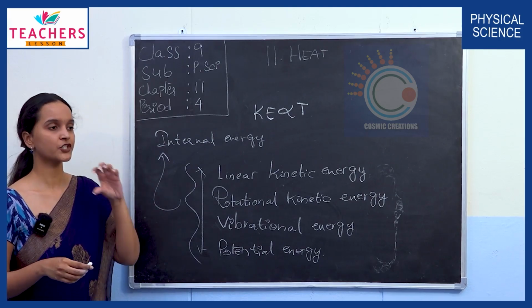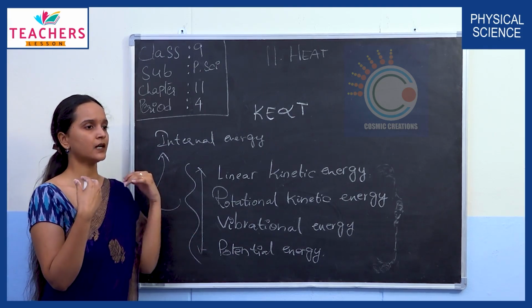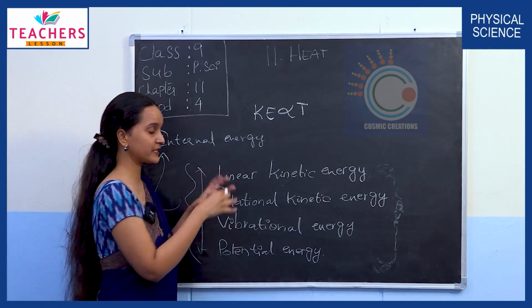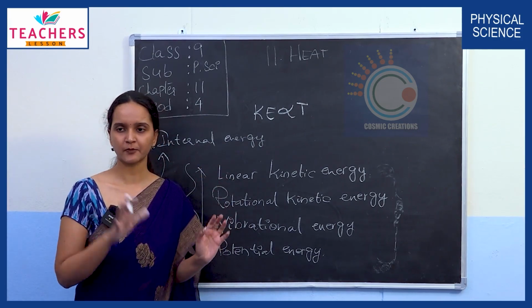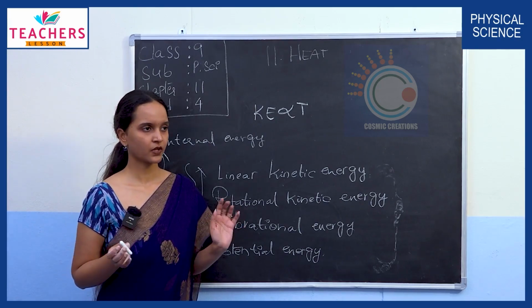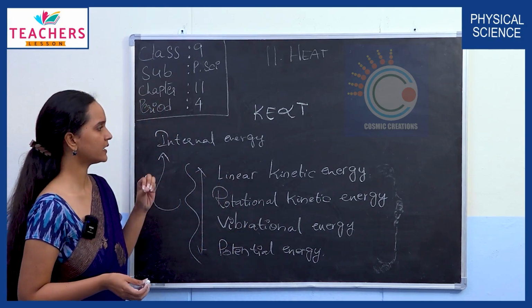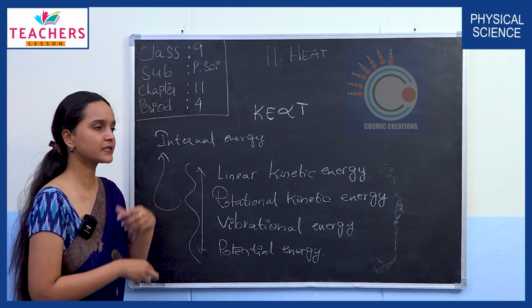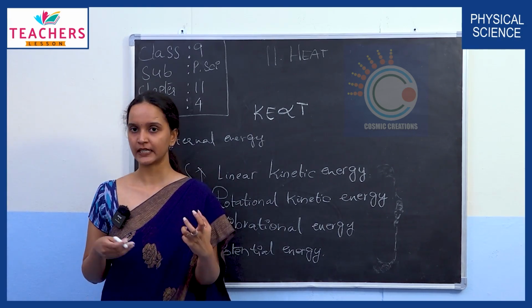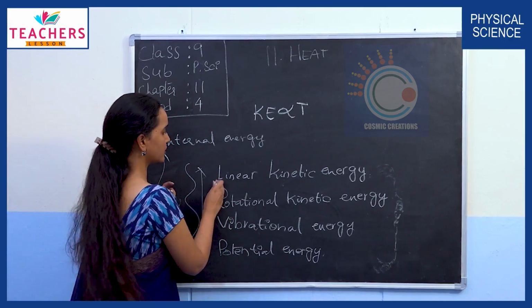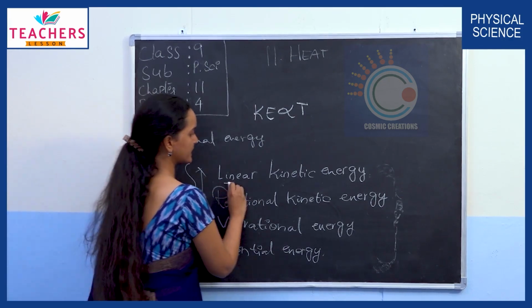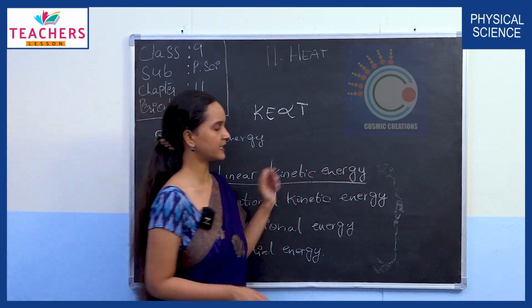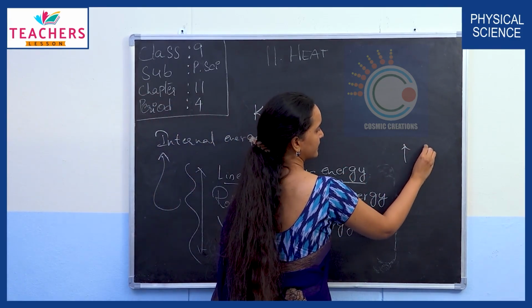Now, this sharing will vary from type of molecule to type of molecule, which means it will vary from substance to substance. So when we provide some energy to any object, if the maximum amount of that energy is utilized to increase the linear kinetic energy, then this will result in an increase in the temperature.